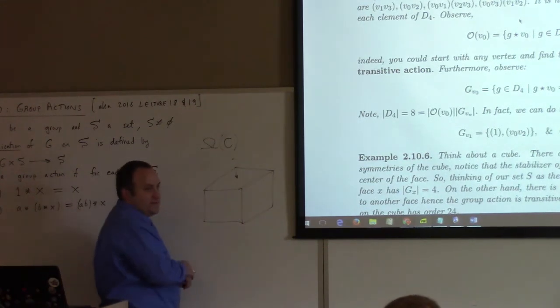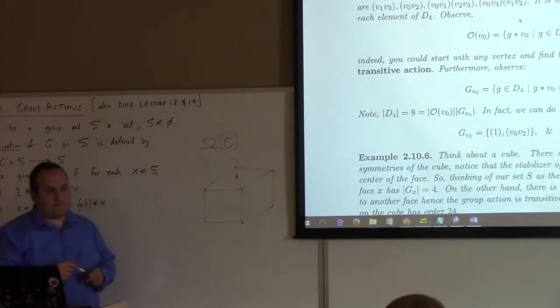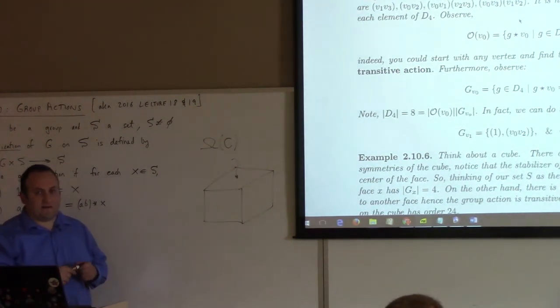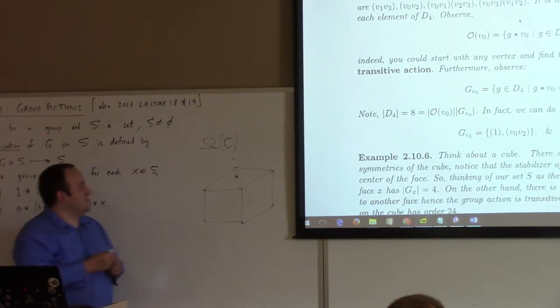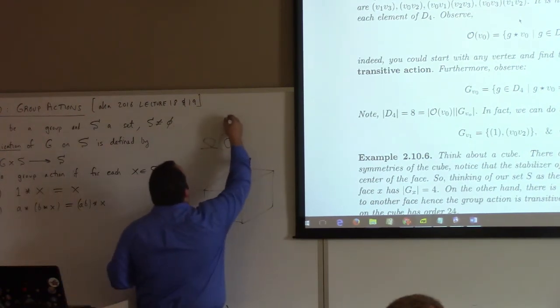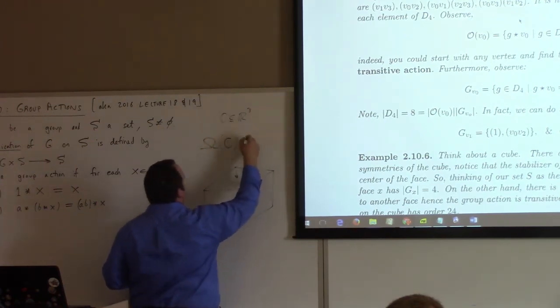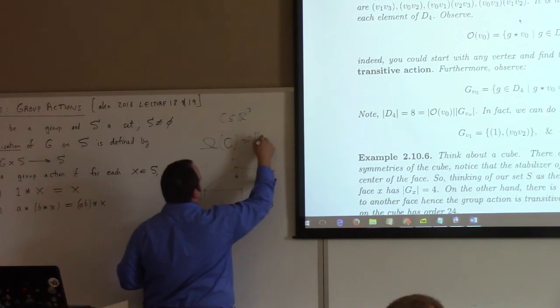What are the symmetries of the cube? It's been a while since I introduced this, and I didn't test you on it. I can look at C as a subset of R3, and I can look at this as being a subgroup of the permutations.